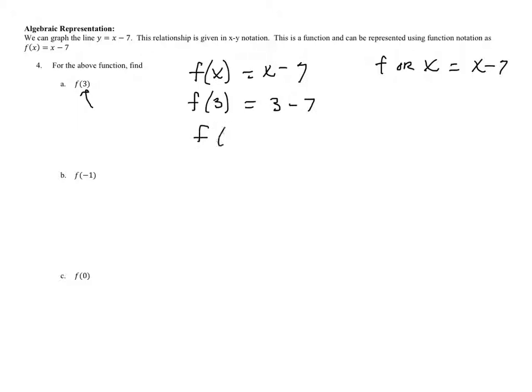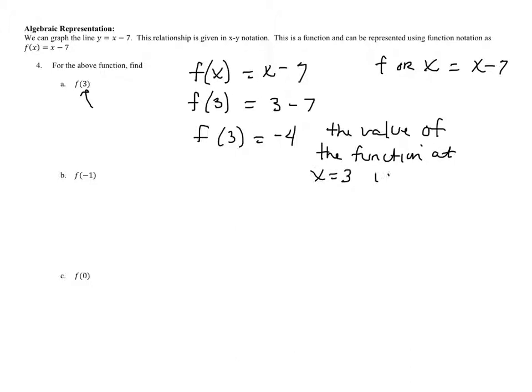So f of 3 is equal to -4. That means the value of the function at x equals 3 is -4. So, here's the deal. We can see the input, and then we can also see the output.